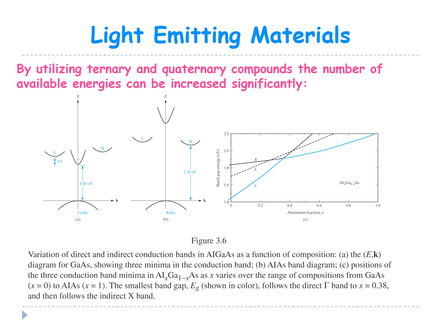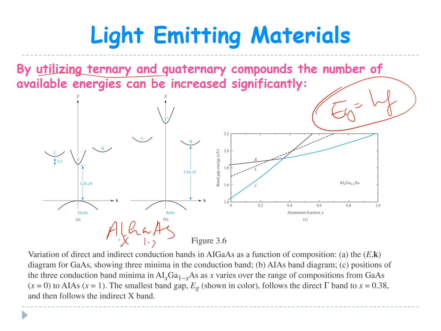And as we discussed in the previous chapters, if you utilize ternary or quaternary compounds, you can vary the band gap, and the emitted light corresponds to the band gap. So you can tune the band gap by varying alloy compositions in compound semiconductors, for example in aluminium gallium arsenide. If you vary X, the aluminum fraction, you can change the band gap.